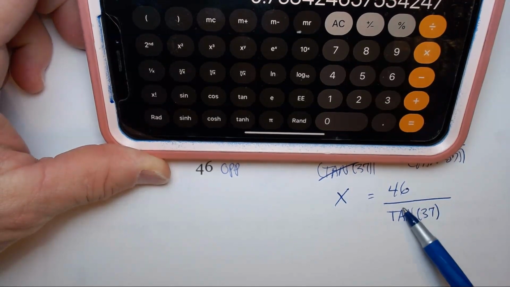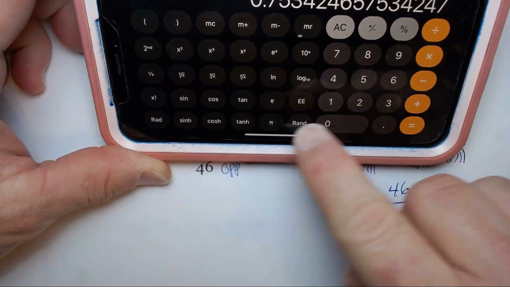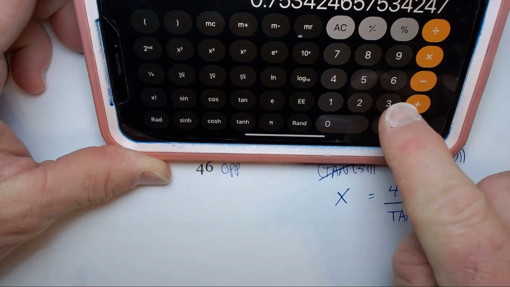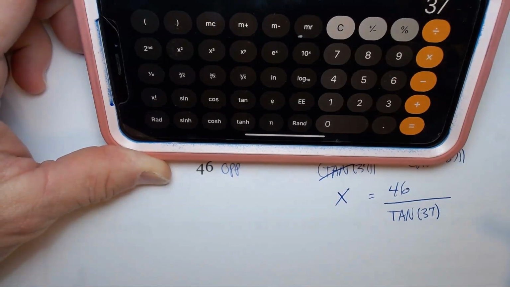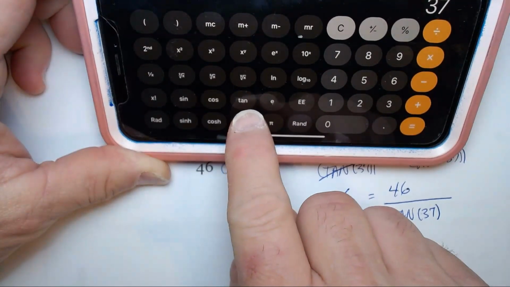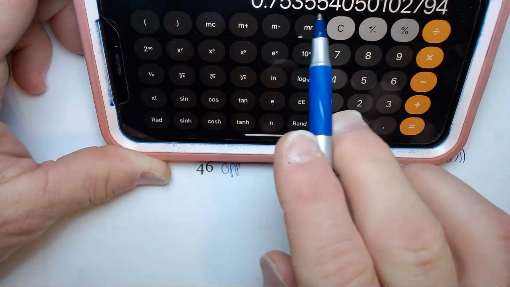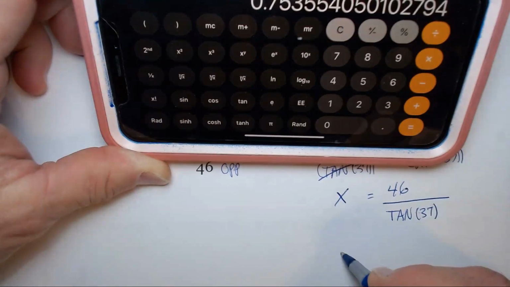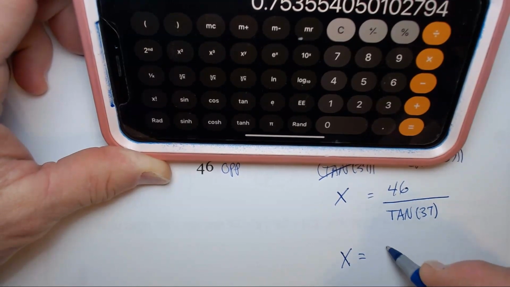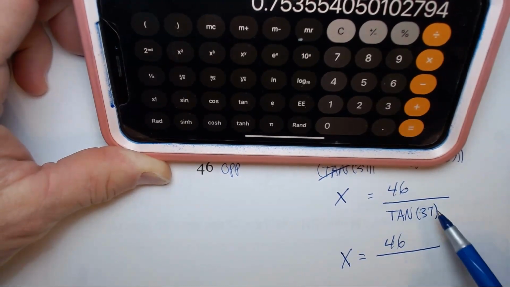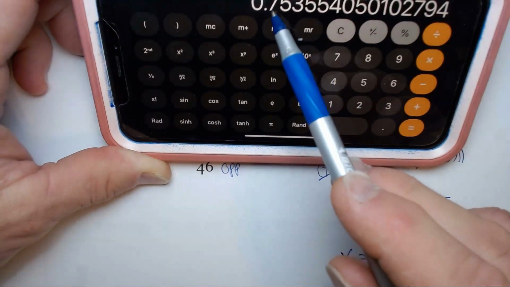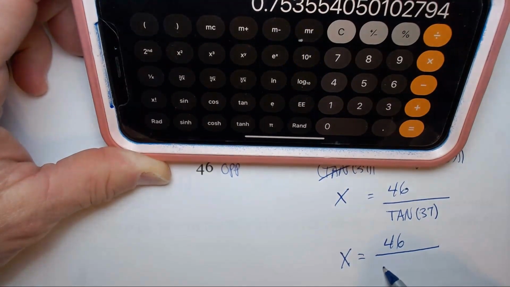And remember, I need tangent of 37. The way to do that on the iPhone calculator is press in 3, 7, and then come over here and find the tangent button, tan. I'm just going to use 4 digits. So this can be rewritten as x equals 46 over the tangent of 37, which is 0.7536.